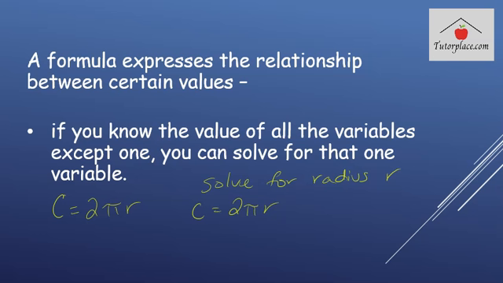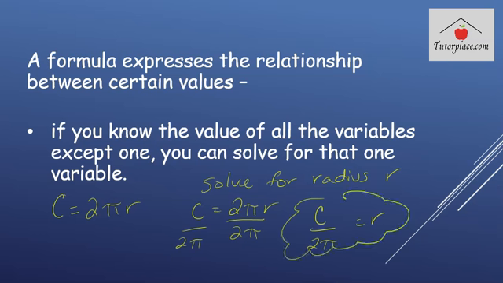So if I want to get this r by itself, I would just divide by 2 pi. So I would get c over 2 pi would equal r. So you can turn any formula. Originally it was solving for c, but you can actually solve it for the r if you wanted to, or the pi. You can solve it for any letter.